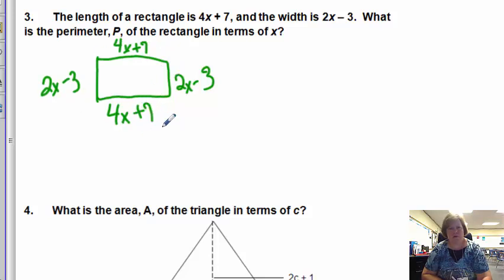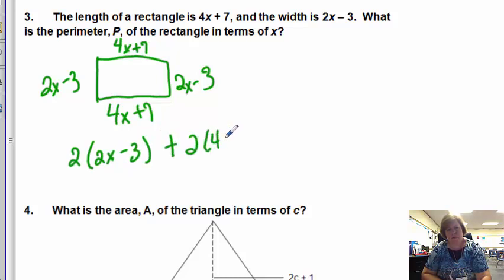Okay. So we'd have all 4 sides, and then it would be just like the other problems where we can write P equals and we add them all up. But we know that 2x minus 3 is the same on both of those, so we have 2 of those, 2 of the 2x minus 3's, and then we're going to add that to our 2 4x plus 7's.